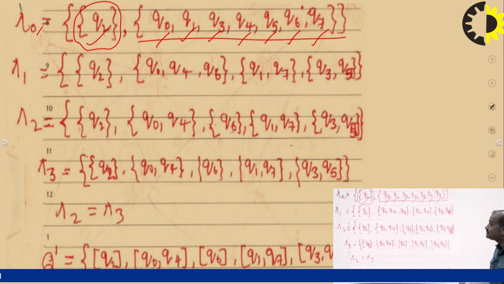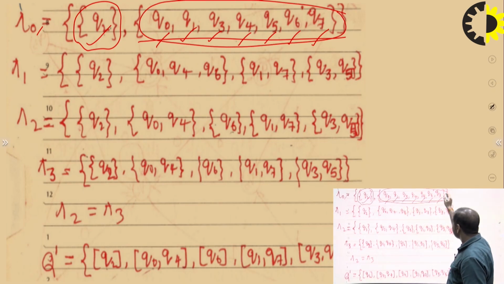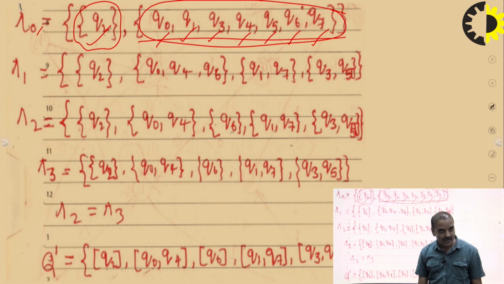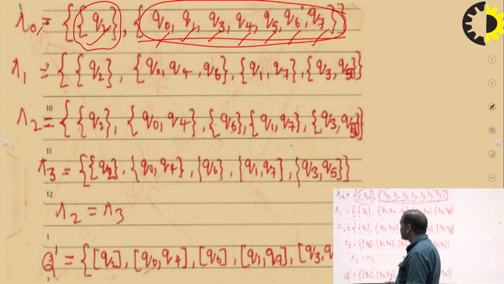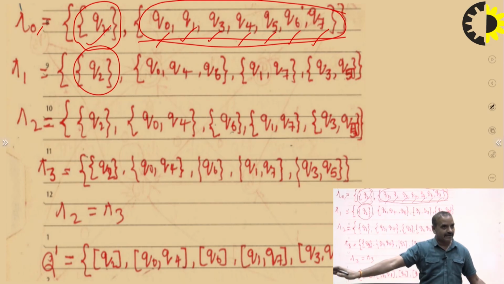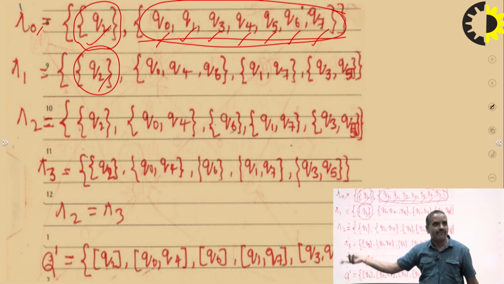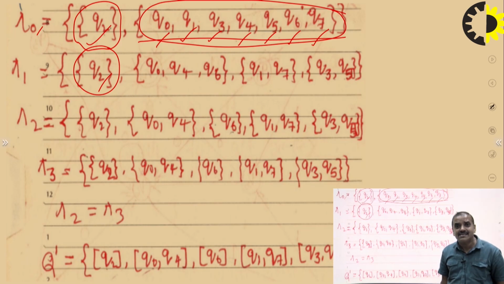We assume all these states are together, but this is decided after checking the condition. If a brace contains a single state, there is no need to worry. Q2 is a single state, so there is no need to check it.